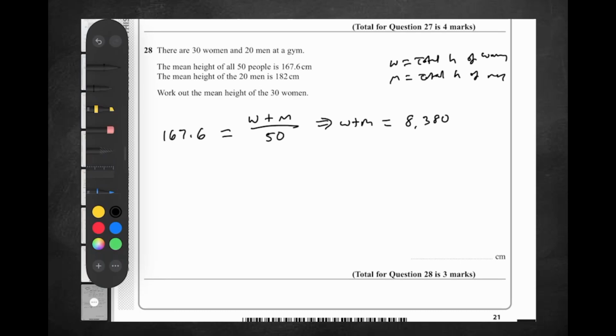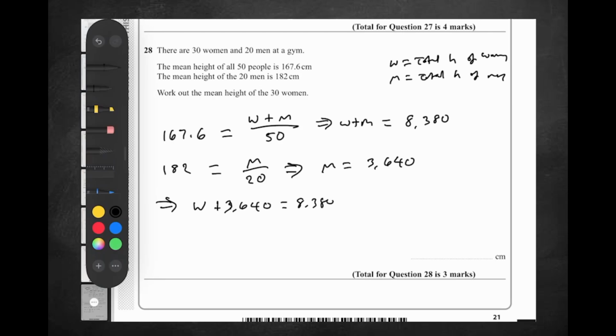The mean height of the 20 men is 182 centimeters. So 182 equals men over 20. Therefore, M equals 182 times 20, which is 3640. Therefore, if we put that into the first equation, W plus 3640 equals 8380.